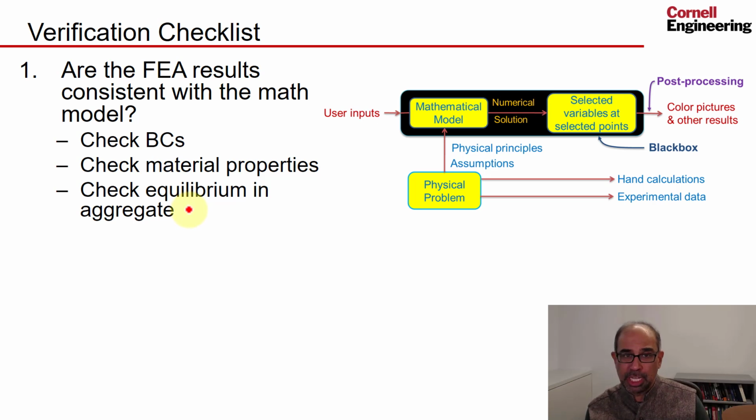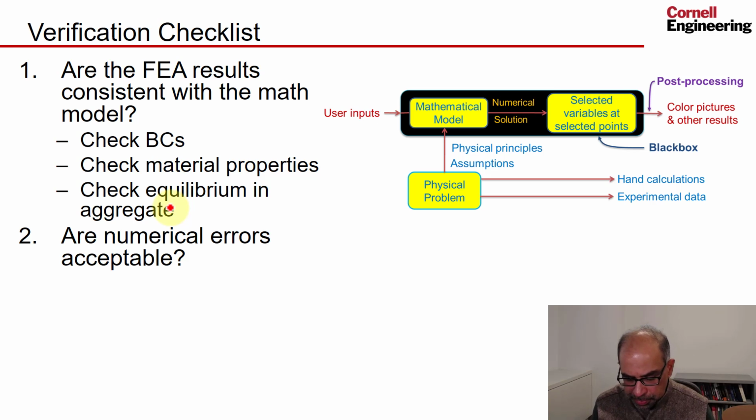But it will satisfy equilibrium in aggregate. This doesn't mean that your stresses are accurate. It's just a necessary condition to make sure that everything is self-consistent after you do the discretization.